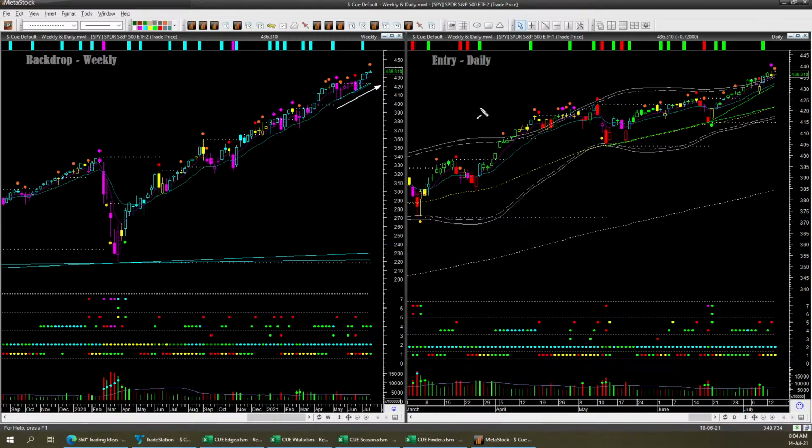S&P 500 ETF SPY has trend line support in weekly daily, no trend line resistance. At the same time, it is above upper boundary, so we are not going to buy now. Yesterday, SPY made an intraday all-time high before coming down and turning negative.